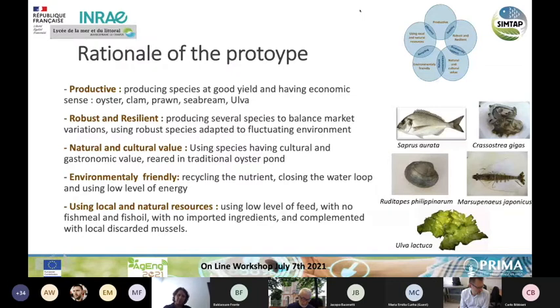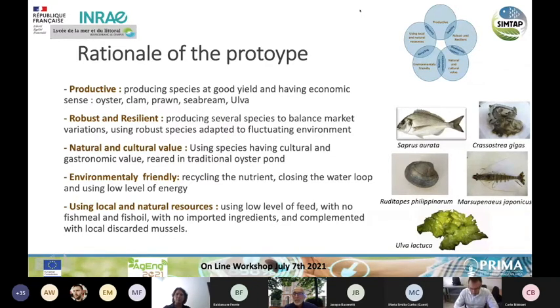It has also cultural and natural value as it uses species which have gastronomic value, which are recognized by the people in the country, and they are really in traditional oyster ponds that are inserted in the local landscape.